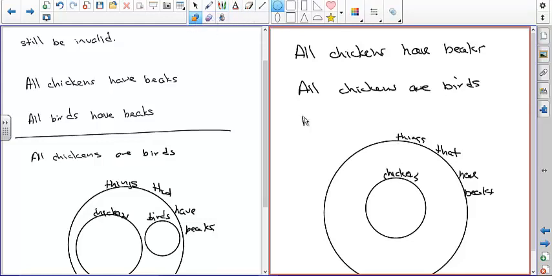I'd also need to have that all birds have beaks to make it work out. Because even in this case, it's not quite as easy as it seems, because I could have a circle like this. So all chickens are birds. Again, I don't know that birds have to have beaks, or things that have beaks.